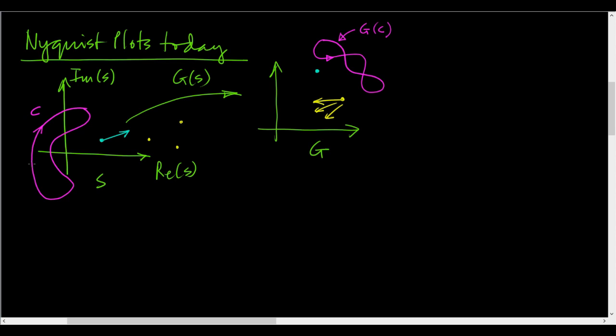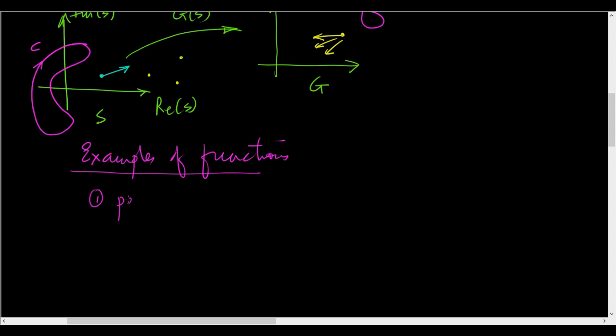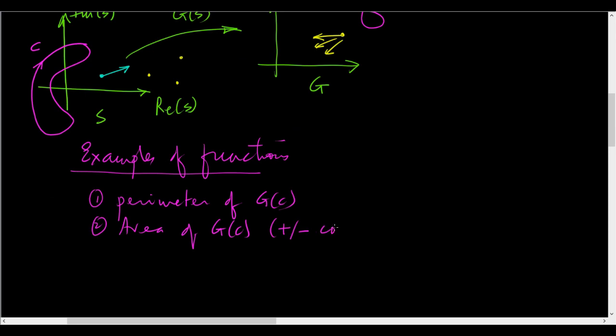We can define various functions of C that involve G. So for example, some examples of functions: perimeter of G of C, area of G of C. Here you may have to assign a plus or minus convention for clockwise, counterclockwise, something like that, but you can define an area.